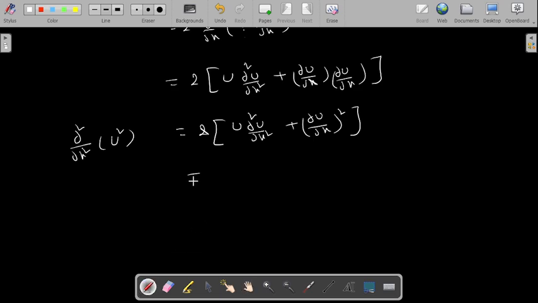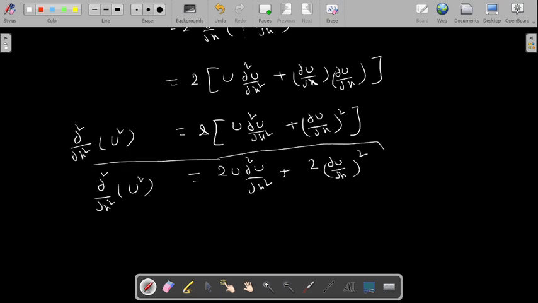Now if you want, you can write 2u ∂²u/∂x² plus 2(∂u/∂x)². This is the result you get when you do two times differentiation of u².